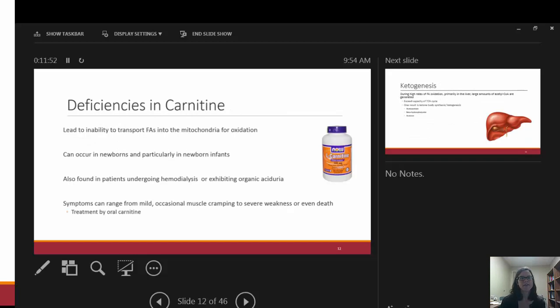Now, when there's not enough carnitine, we aren't able to shuttle our fatty acids into the inner mitochondrial membrane where they need to be for oxidation. This can occur in newborns, particularly in premature infants. It can also occur in patients undergoing hemodialysis or exhibiting organic aciduria. Symptoms can be highly variable from muscle cramping to severe muscle weakness or even death, but this can be treated by oral carnitine.